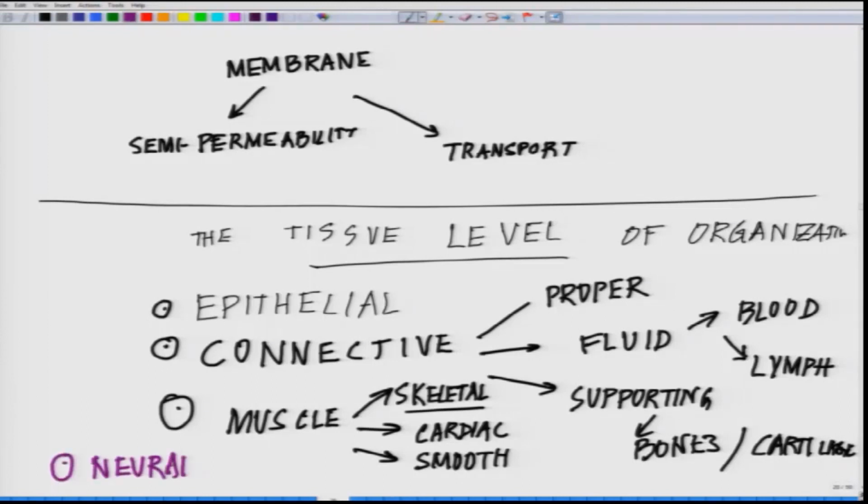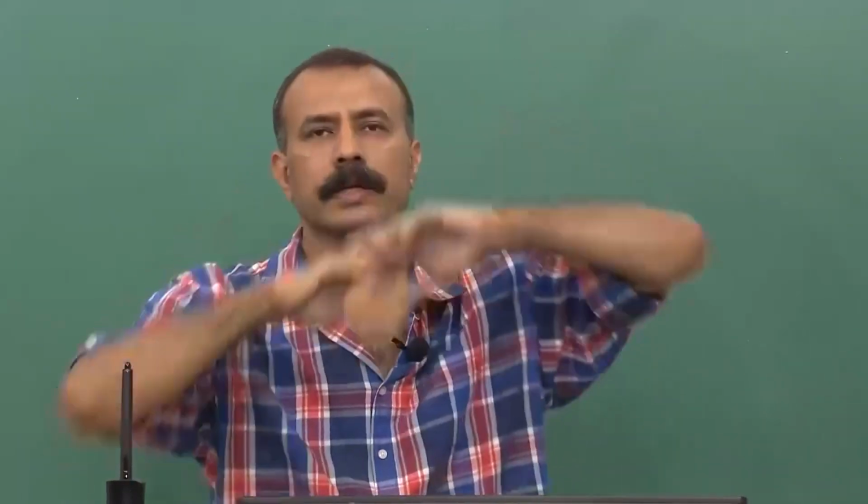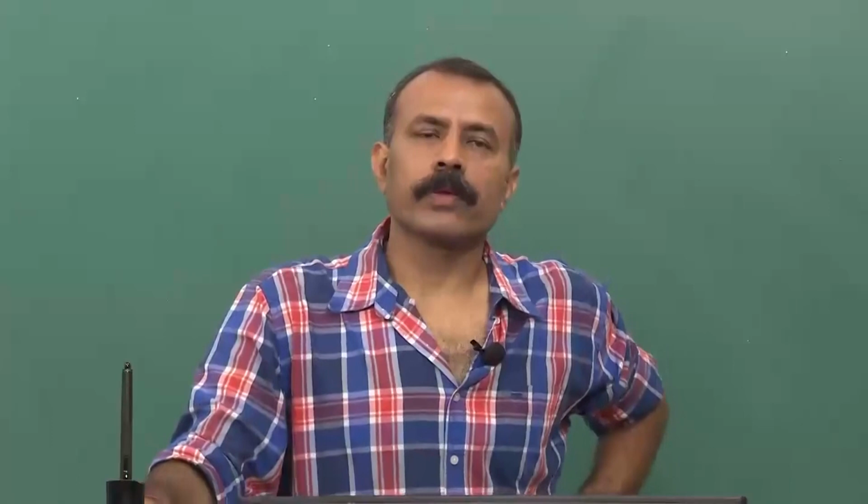So we'll have individual sections on each of these, and of course later we'll be dealing with tissue injuries and aging, which is the process where things differentiate. What I wanted to highlight while closing this class is the framework whereby, from molecular self-assembly at some point during our evolution, cells were formed.